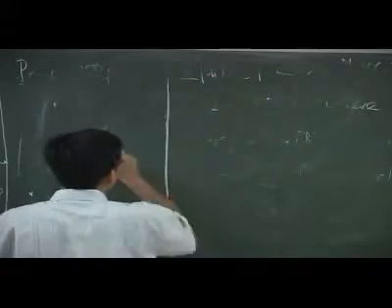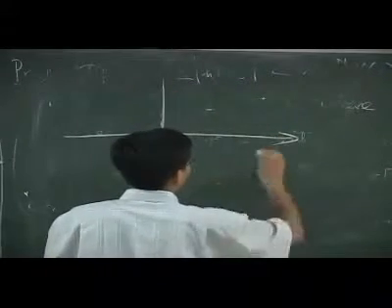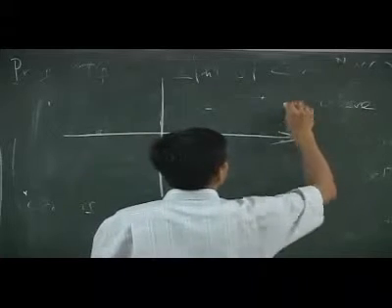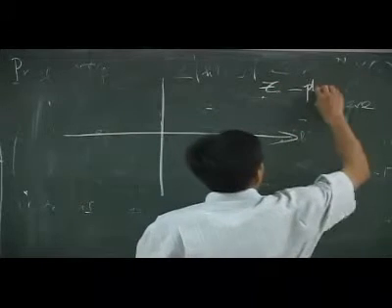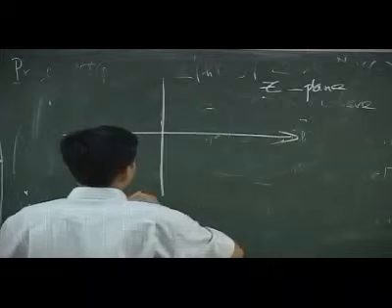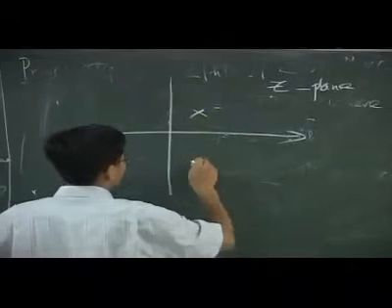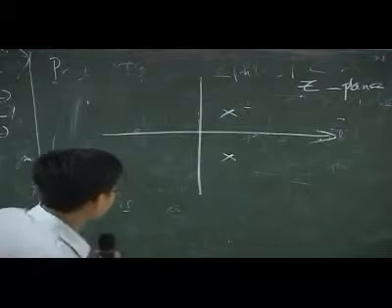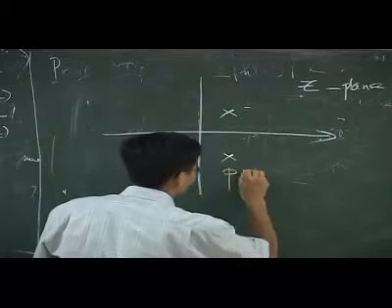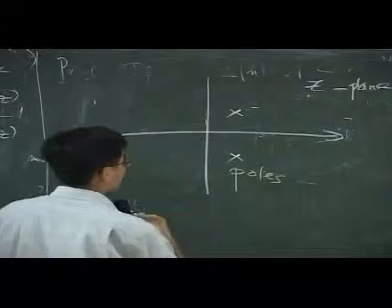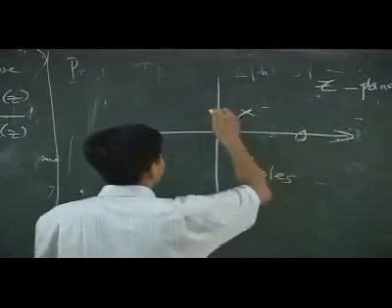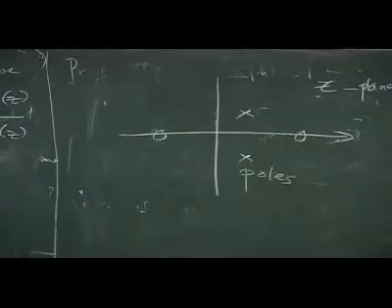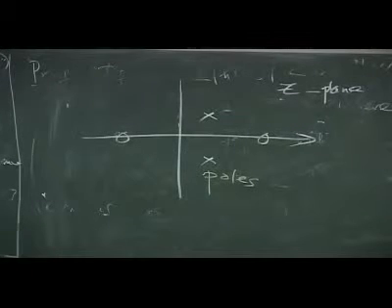So I take a filter, and that is the z-plane here. It would have some poles. The pole is always denoted by this, and on here is the pole, and maybe it has some zero.